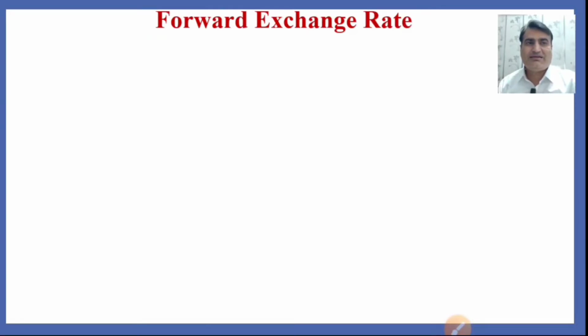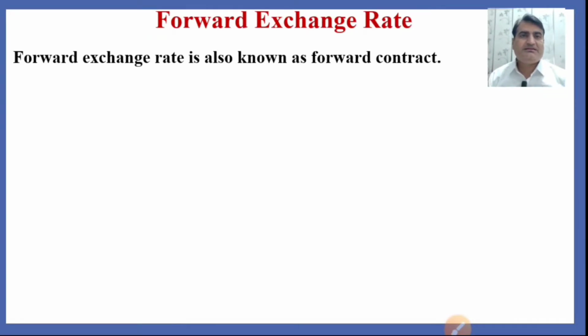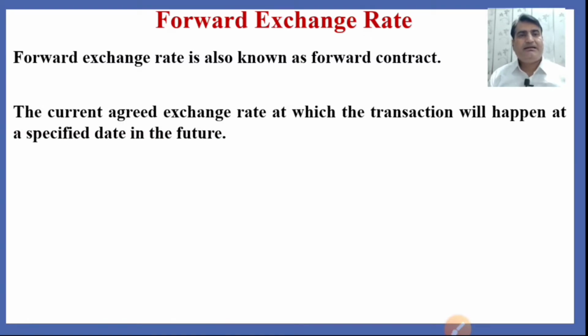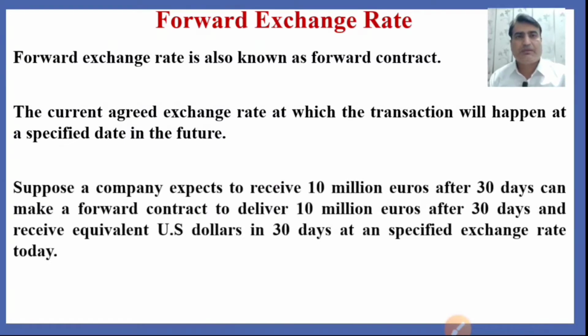So what is forward exchange rate? Forward exchange rate is also known as forward contract. The current agreed exchange rate at which the transactions will happen at a specified date in future is called forward exchange rate.